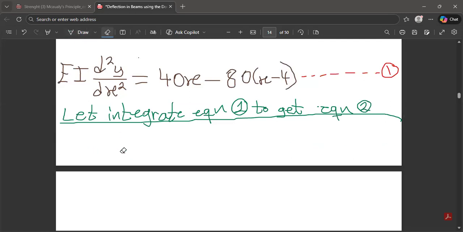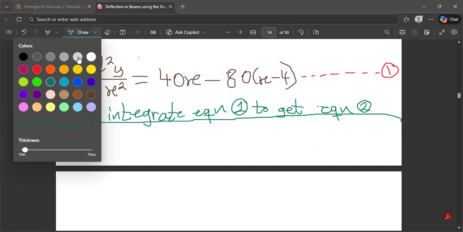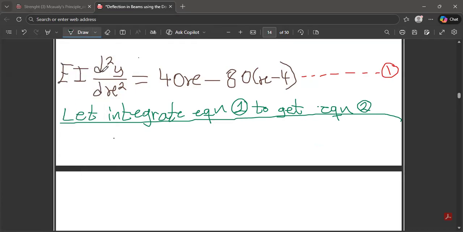And that implies that the integral of whatever we had at the top over there, the integral of this will be, I told you that integration is the opposite of differentiation.